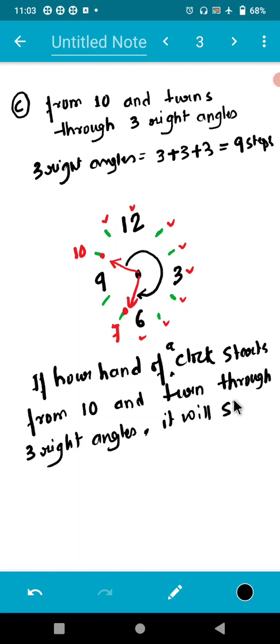Okay. So now this is the solution of sum number C.